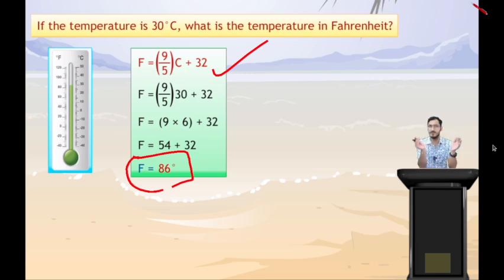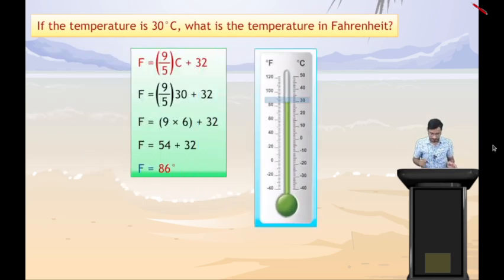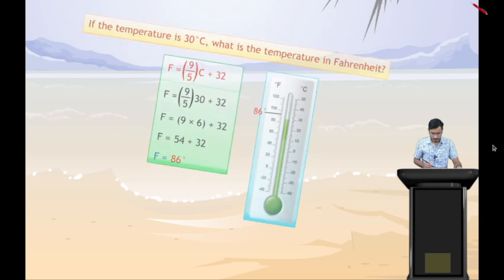This is the relation between the Fahrenheit scale and Celsius scale. When we put C equal to 30 in the equation, we find the value of F, that is 86 degrees Fahrenheit. You can see the scale here.